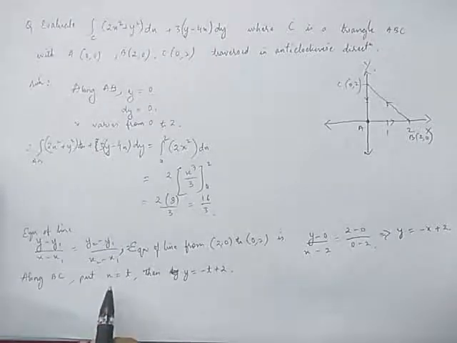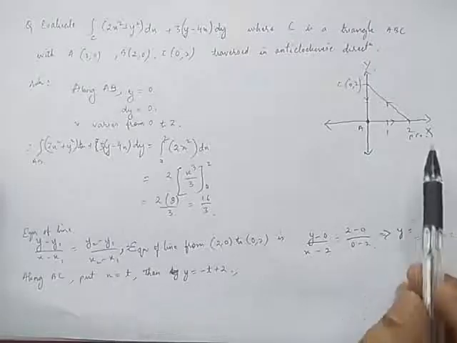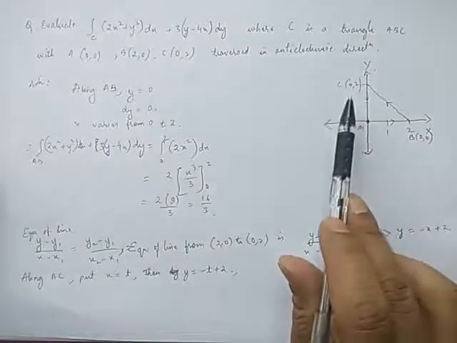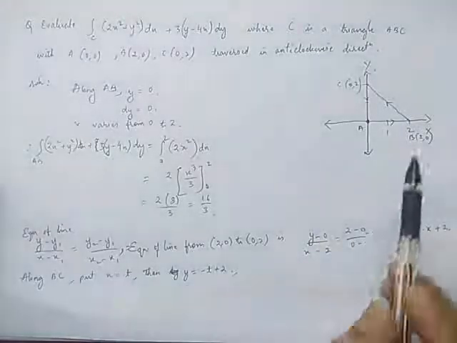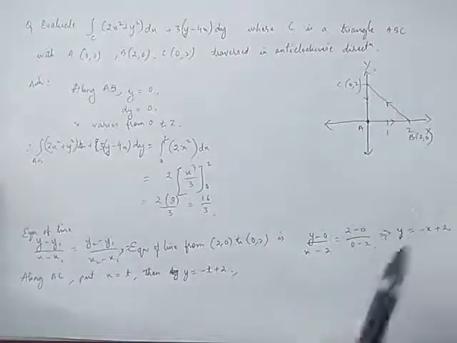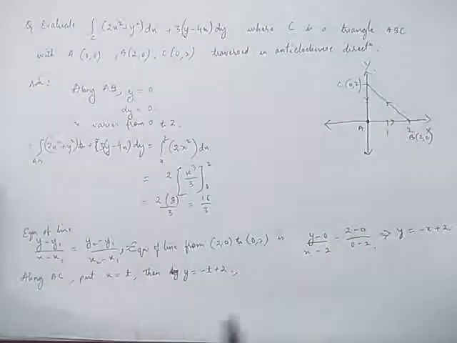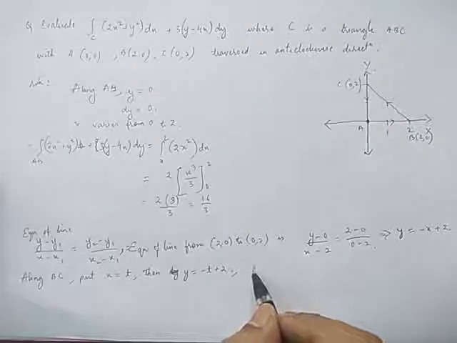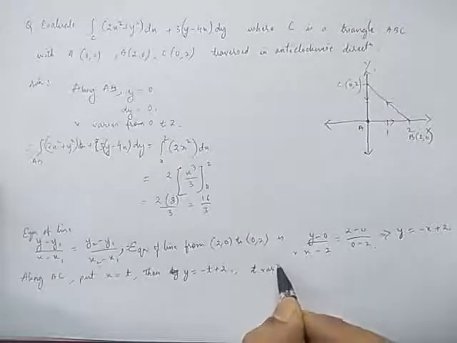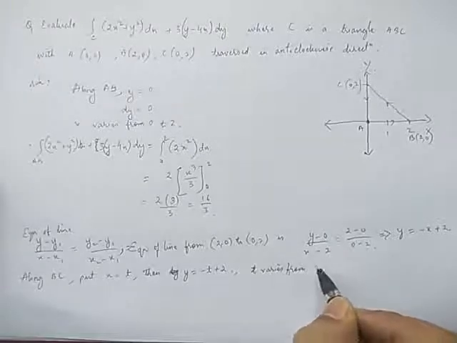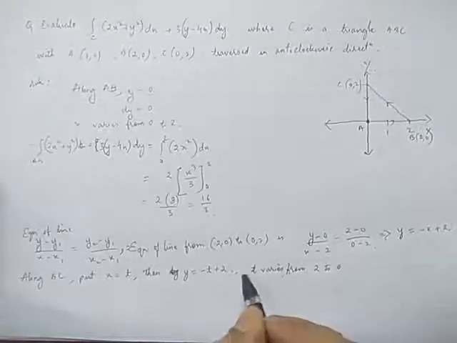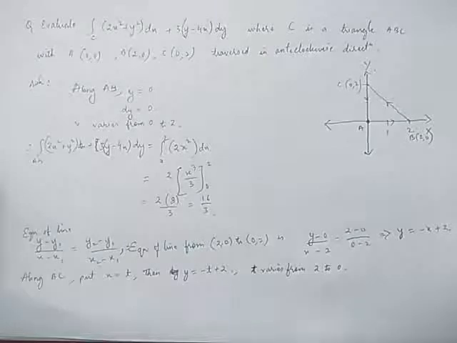Okay, so how will t vary? Since t is equal to x, x varies from 2 to 0. So my t will also vary from 2 to 0. T varies from 2 to 0.